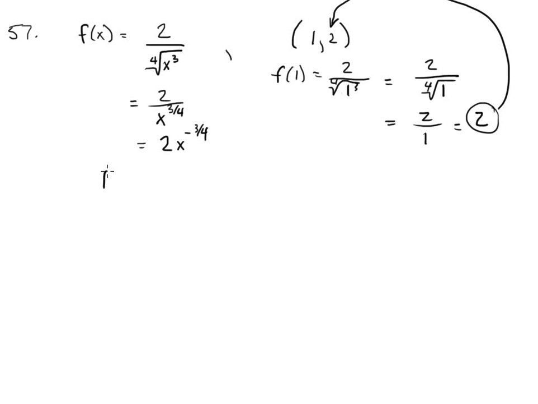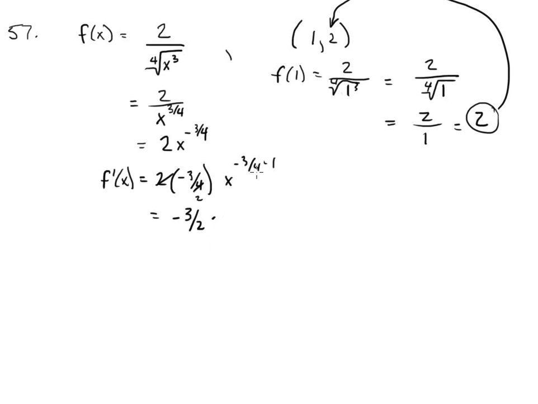So now at this point we have something x to some power, and we can use the power rule. So our derivative of f of x is going to be equal to, well, we bring down that negative 3/4 and we subtract the exponent by 1. So this gives me negative 3 over 2. That 2 cancels out with one of those there.